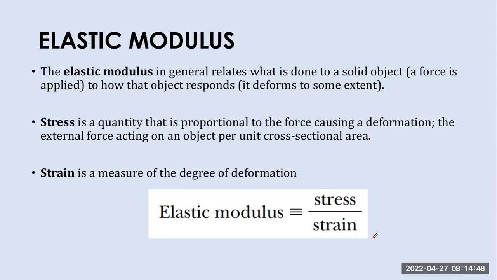And then here we have the elastic modulus formula. So we have elastic modulus is equal to the stress over the strain. Or elastic modulus is the external force acting on an object per cross-sectional area over yung degree of deformation natin.